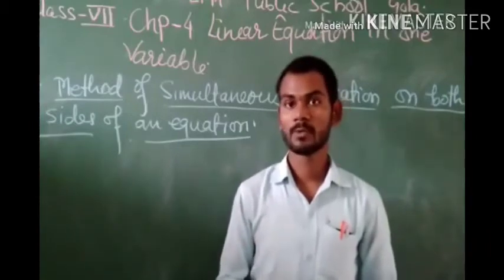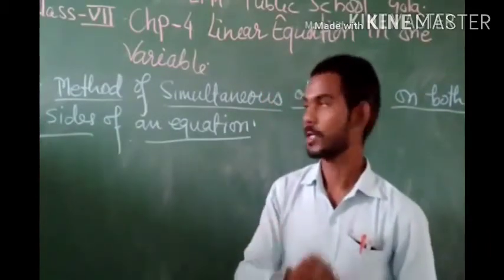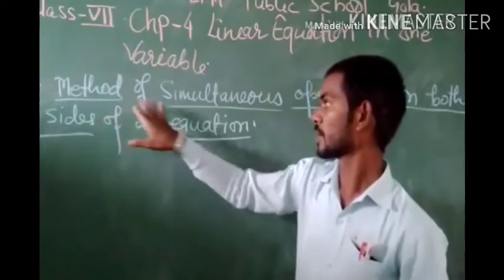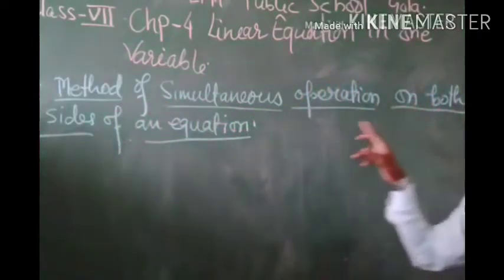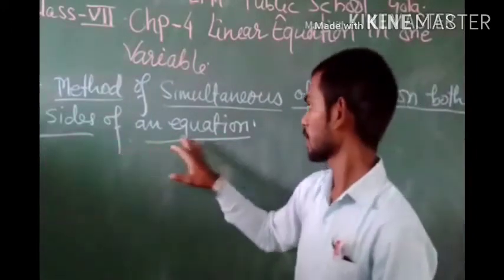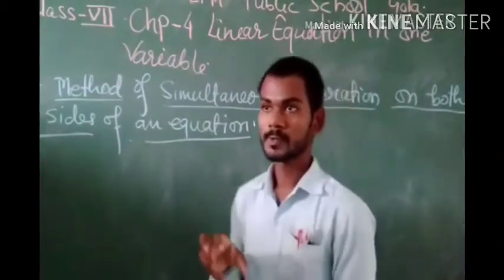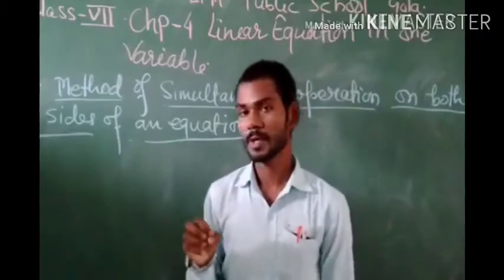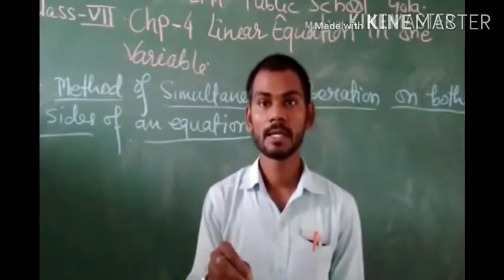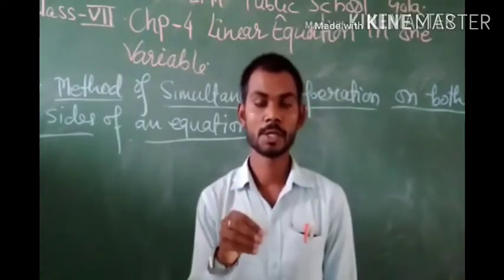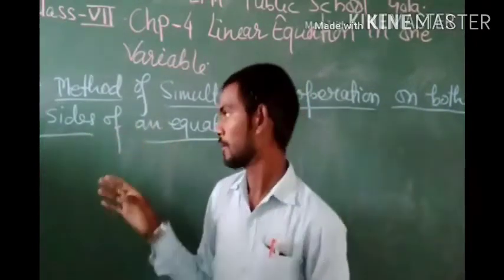Here I am going to teach you a new method which is known as method of simultaneous operation on both sides of an equation. Means here a given linear equation is solved by carrying out some operation on both sides of the equation.